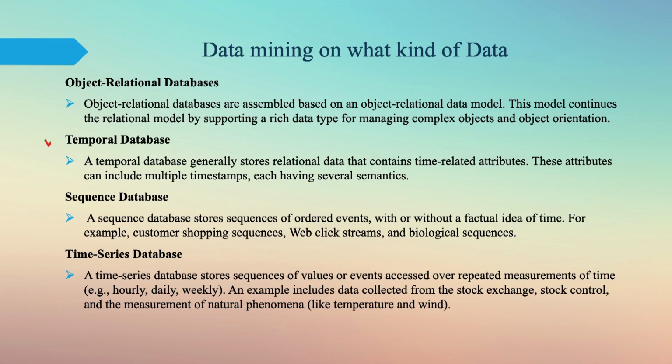Next is the temporal database. A temporal database generally stores relational data which contains time related attributes. These attributes can include multiple timestamps, each having several semantics. For example, our weather data consists of time based data.